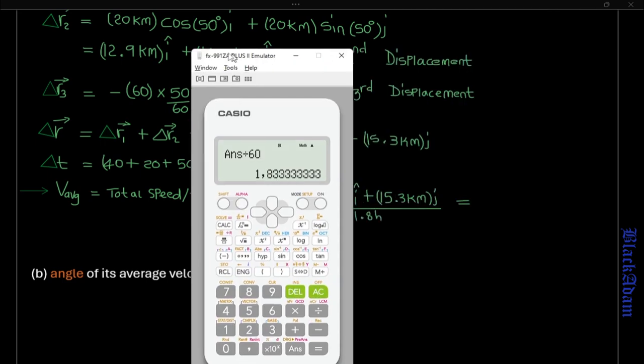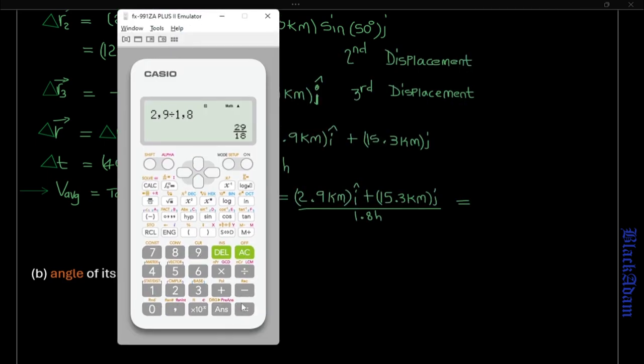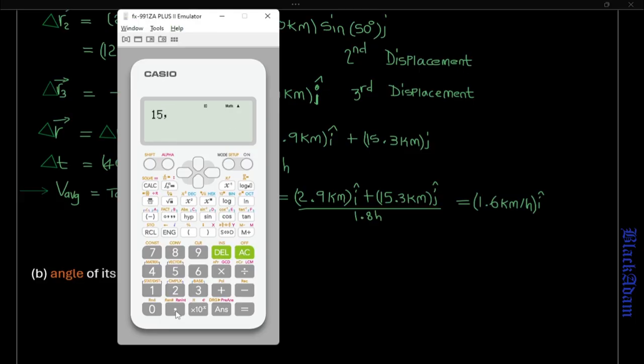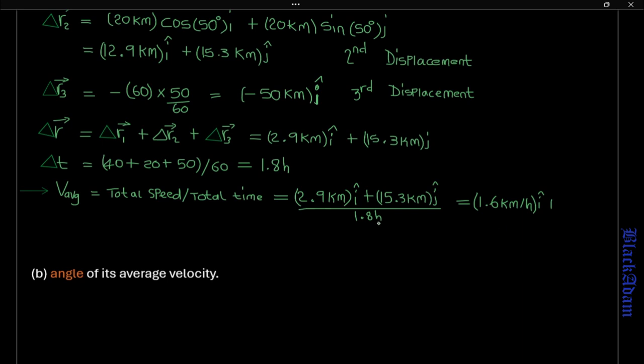So 2.9 divided by 1.8 is 1.6, so it's 1.6 kilometer per hour i plus, and then 15.3 divided by 1.8 is 8.5 kilometer per hour, all of that j. And then we need to find the resultant.